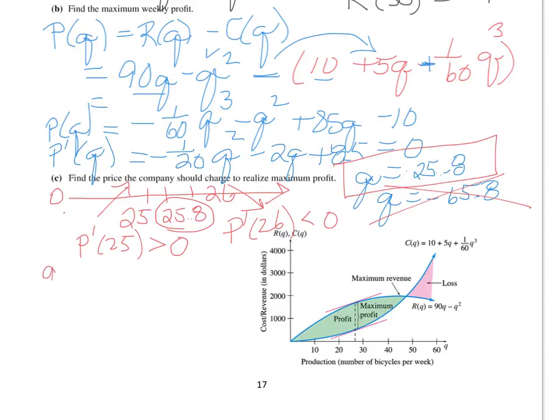So Q equals 25 will maximize your profit.